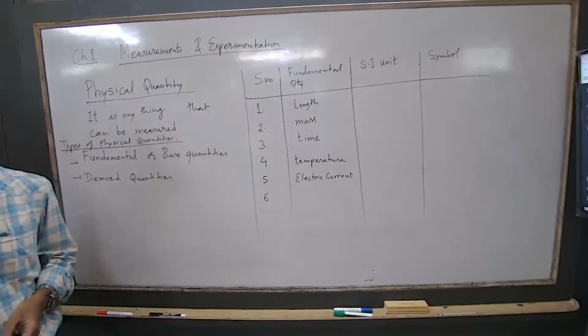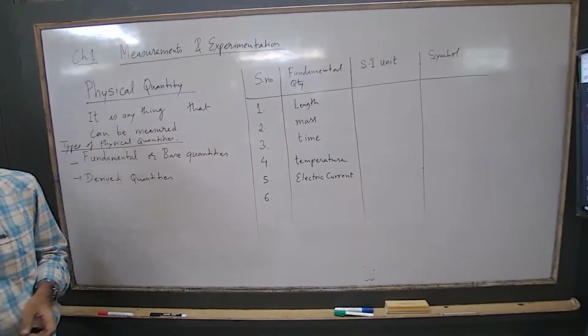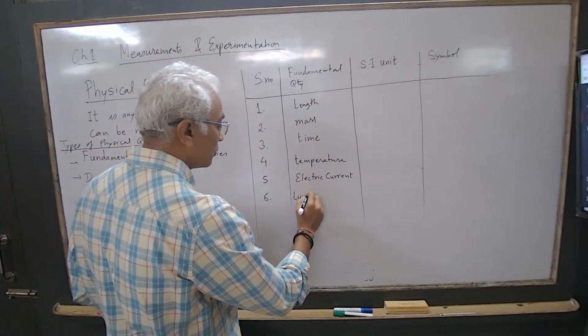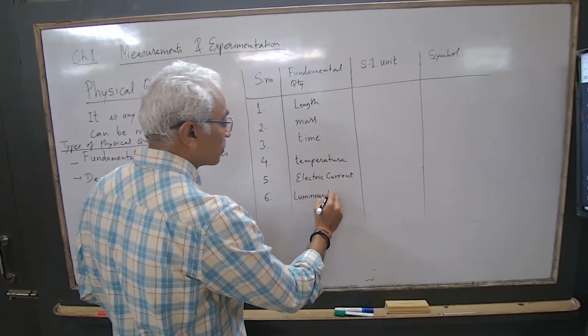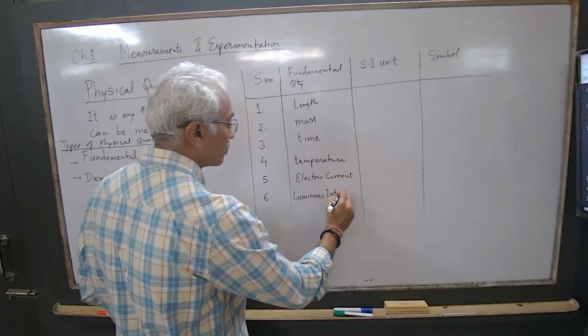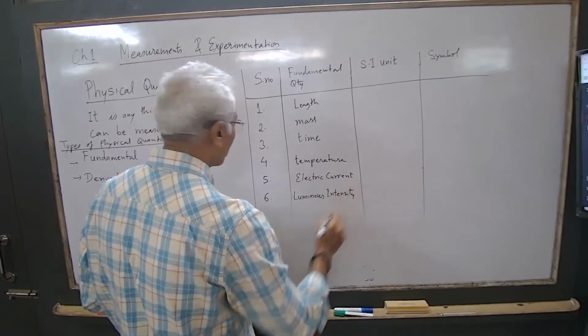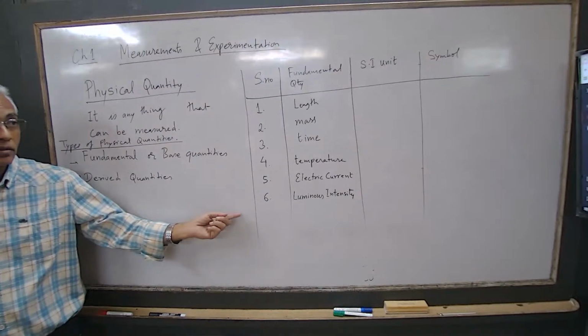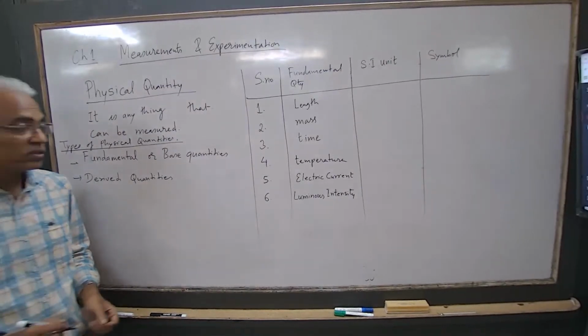Can you see the brightness of the light? It is called luminous intensity.